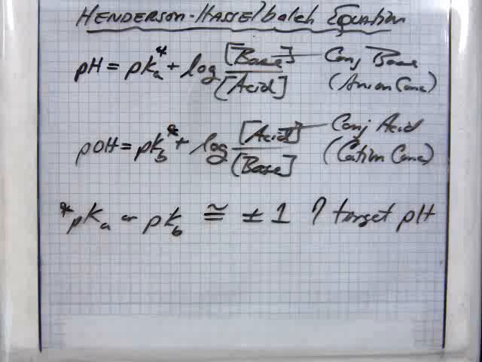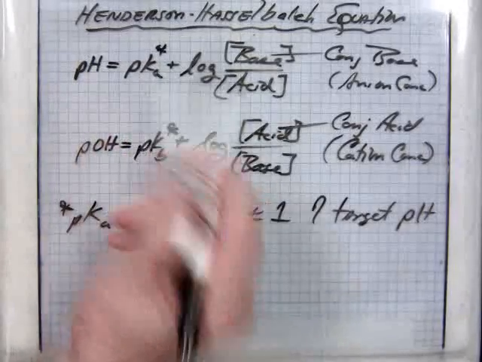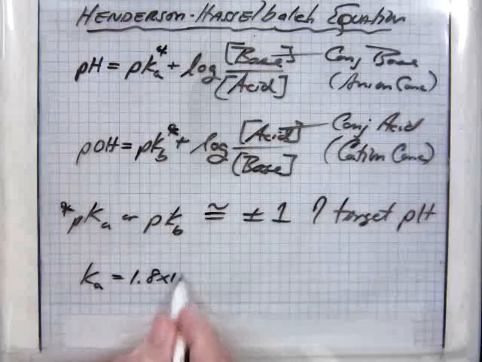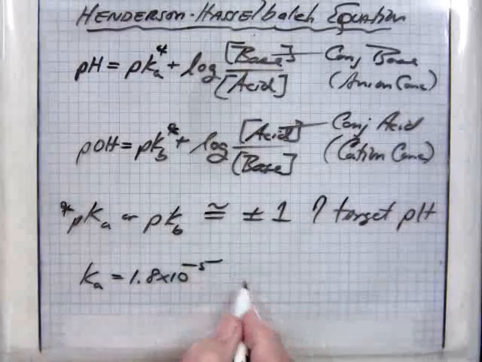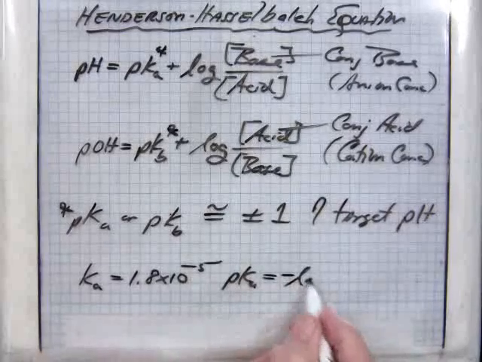And that is, when you calculate, you're looking for a certain pH right here. You have, say, a Ka value to equal 1.8 times 10 to the minus 5. Well, the pKa is going to be the minus log of that.